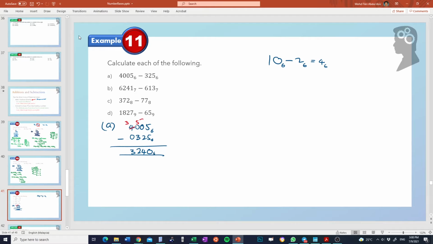So that is the final answer. 3240 base 6. Ada apa-apa soalan semua? Anybody? Saya faham cikgu. Saya tak ada soalan. Okay, Syafi faham, Zari, Sufia boleh faham? Faham cikgu? Alright, so good.